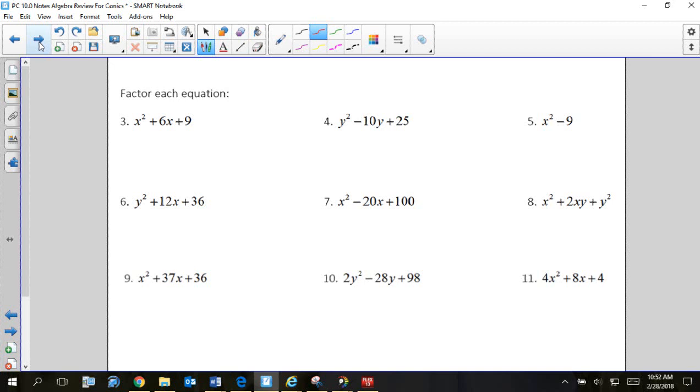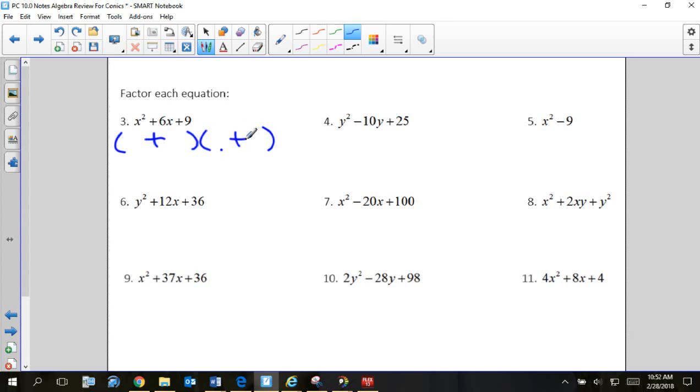So factoring, there's different methods. I personally do guess and check. So the first question for number 3, I'm going to look at the trinomial. I'm going to look and see that both signs are positive. So I know that both signs are going to have to be positive when I factor it. And I know that my first term is x squared.